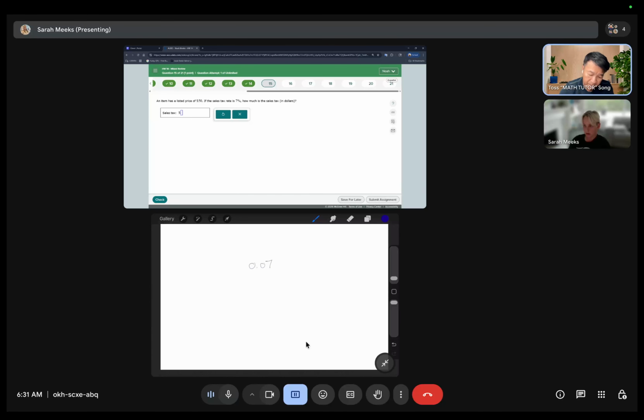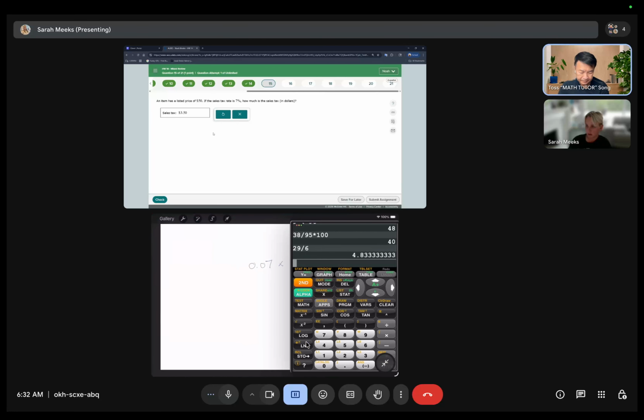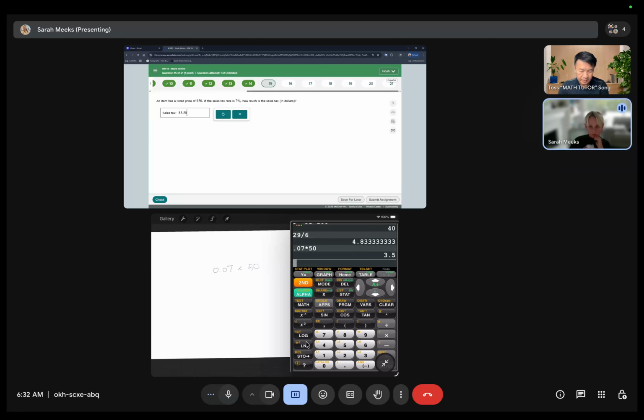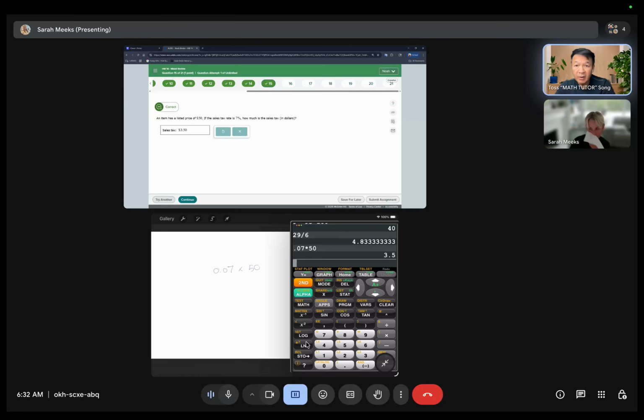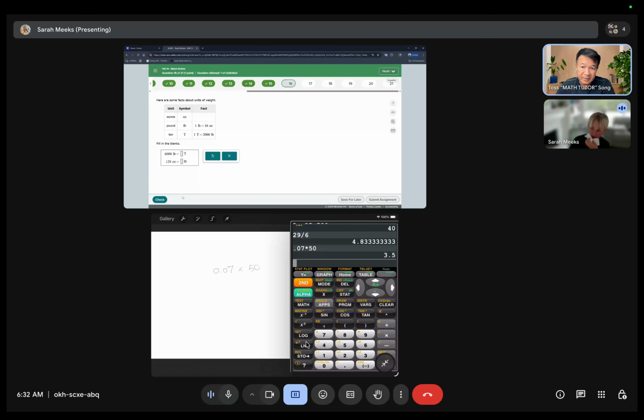So it'll be 0.07, I think you would agree, times $50. And that will give you the sales tax only. So what is that? So yes, I agree. $3.50. Add on to $50. Imagine you're buying something for that percent sales tax.